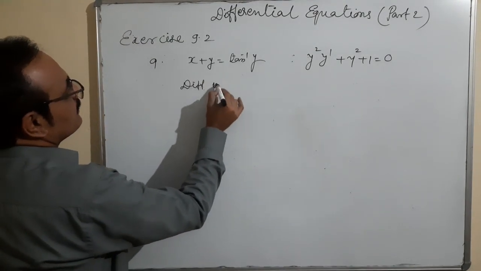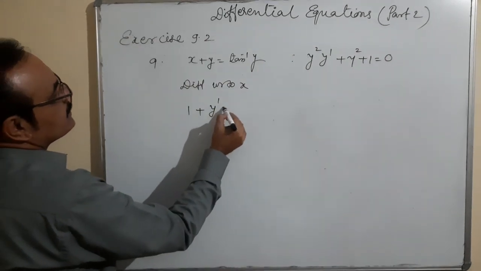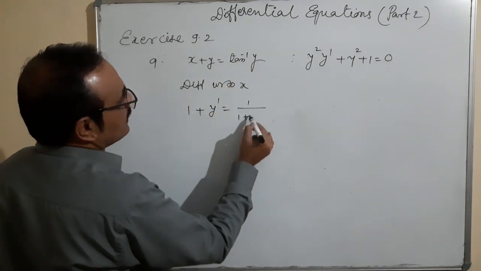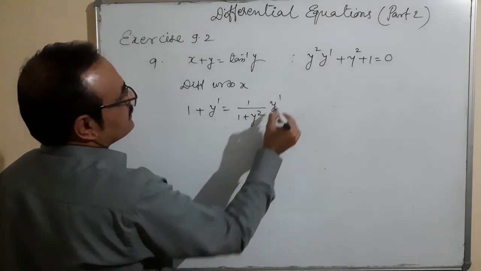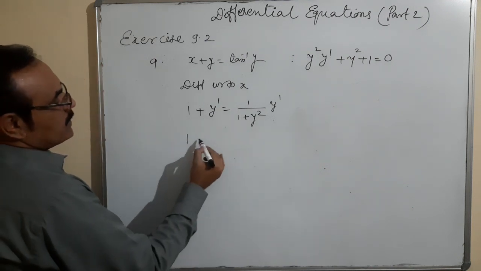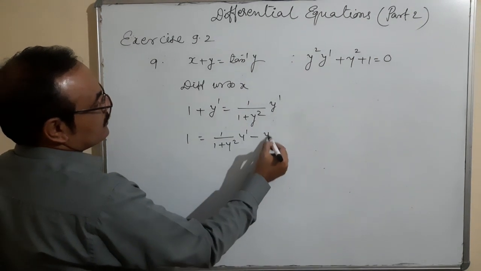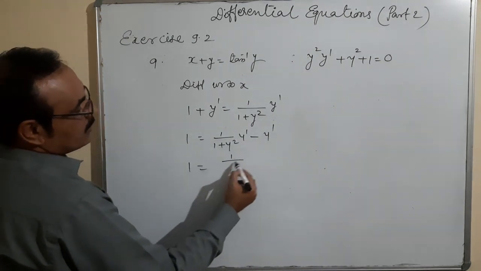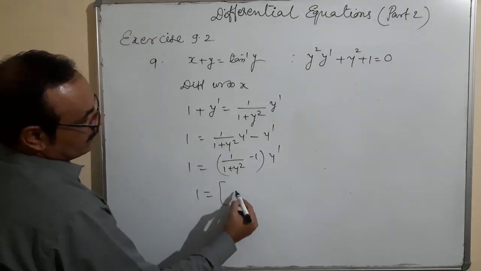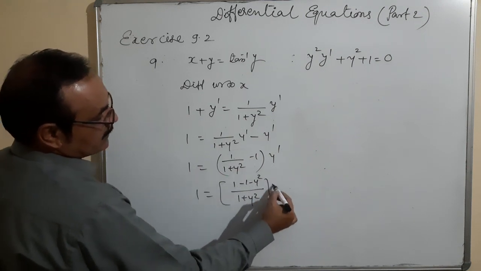Differentiate with respect to x. 1 plus differentiation of y is y dash is equal to tan inverse y. Differentiation of tan inverse y, 1 upon 1 plus y square and y dash. Okay, so we are separating y dash. 1 is equal to 1 upon 1 plus y square y dash minus y dash. 1 is equal to 1 upon 1 plus y square minus 1 y dash. 1 plus y square, 1 minus y square, it's y dash.